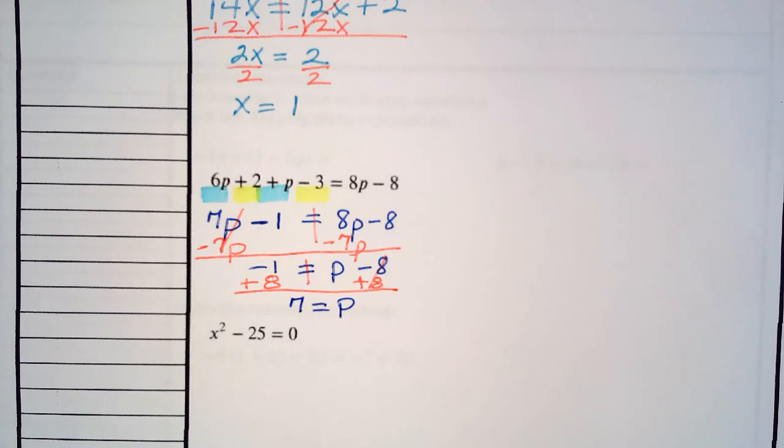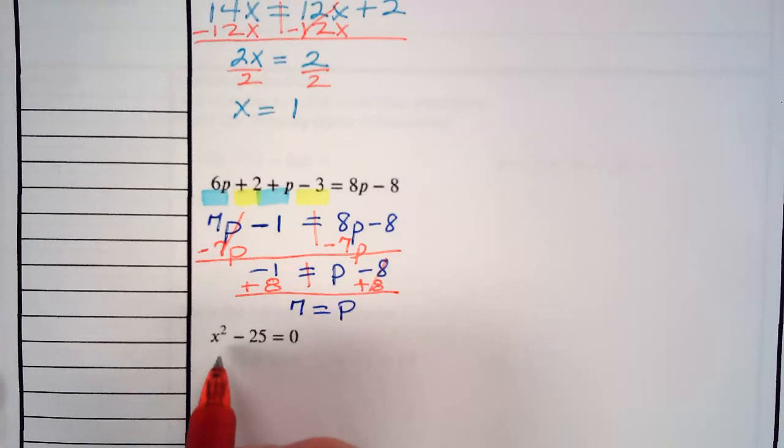Okay, the next two actually are square root problems. So we're going to start looking at what it takes to solve a square root problem. We know that squaring and square rooting are opposite operations. You start out by getting your variable on the same side, all by itself.